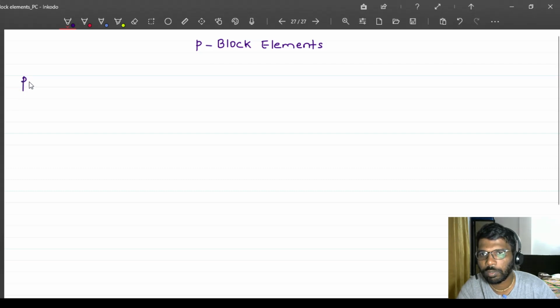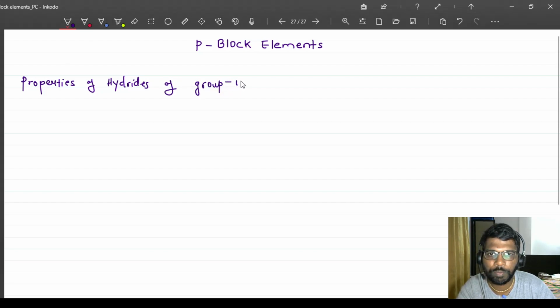Properties of hydrides. Hydrides of group 15. Now, which are the hydrides of group 15?